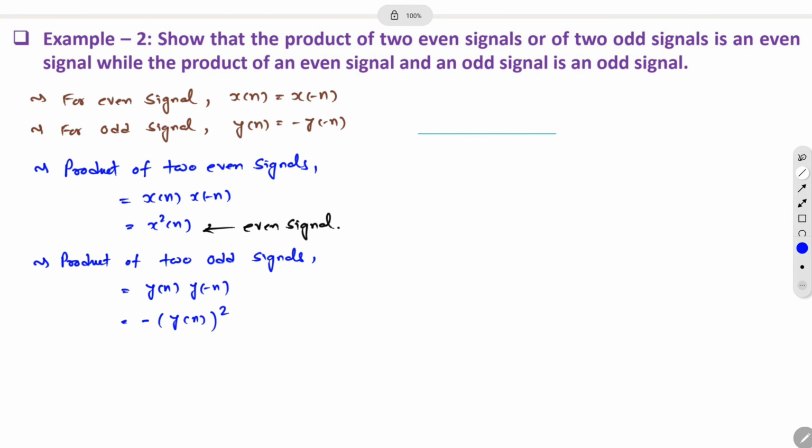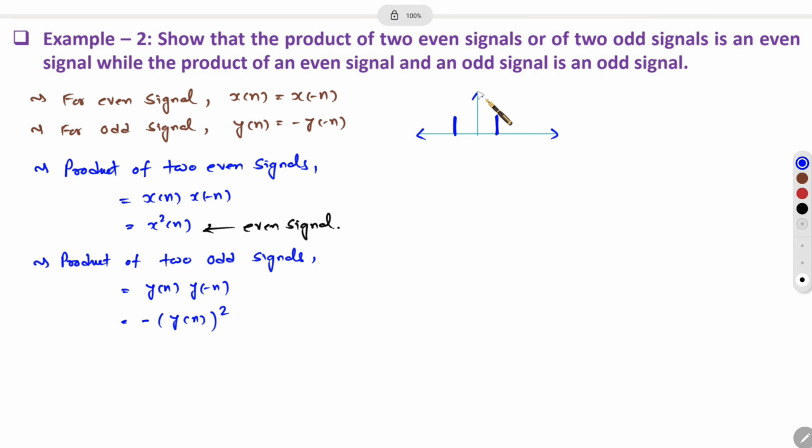Here I'll be plotting an even signal so that it will be a bit more clear. If I talk about an even signal, it will appear like this. If we have two samples, there will be symmetry with respect to the center axis vertically, which means x of n is equal to x of minus n.